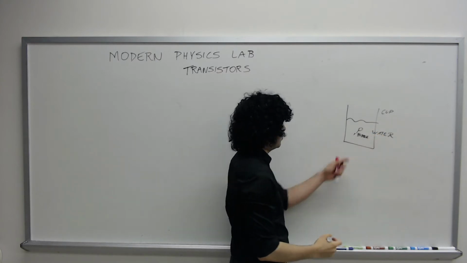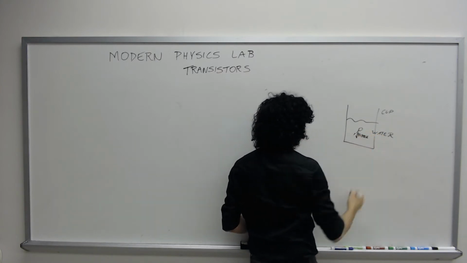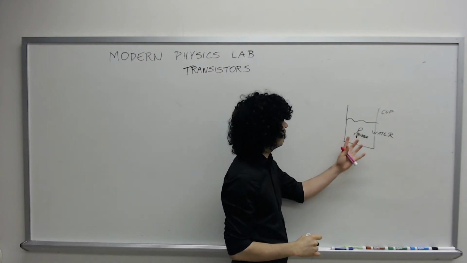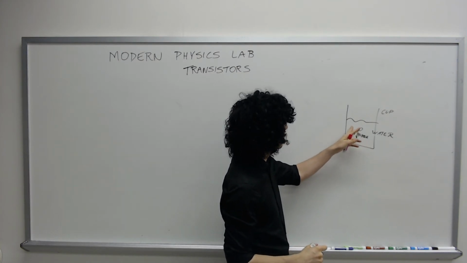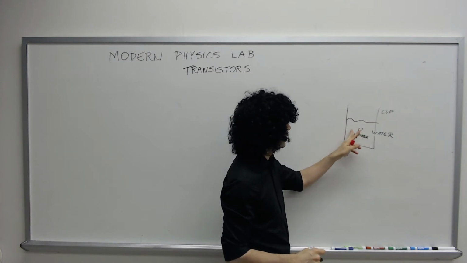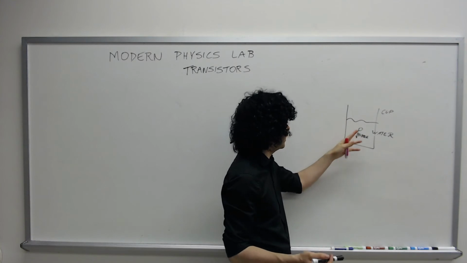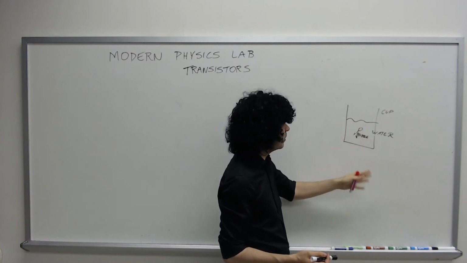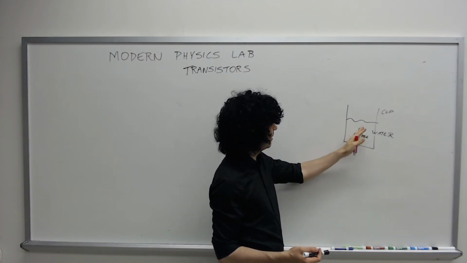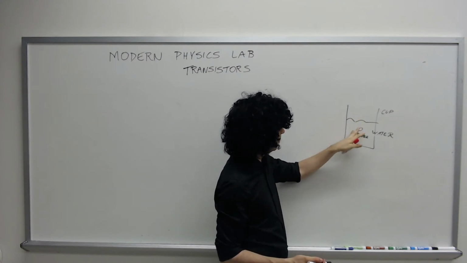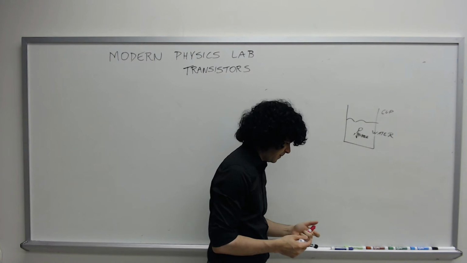If the bubble is moving down, actually, it's not the bubble itself, but the water. You can think of the water as moving up. So the water is like the electron, and the bubble is like the hole, it's the lack of water. So while the water moves up, the bubble moves down.